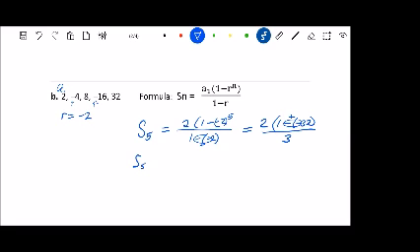So now the sum to the 5th is equal to 2 times 1 plus 32 is 33 divided by 3. Well, 3 goes into 33 11 times. 2 times 11. So, or you can do it as 66 over 3 and reduce that way.